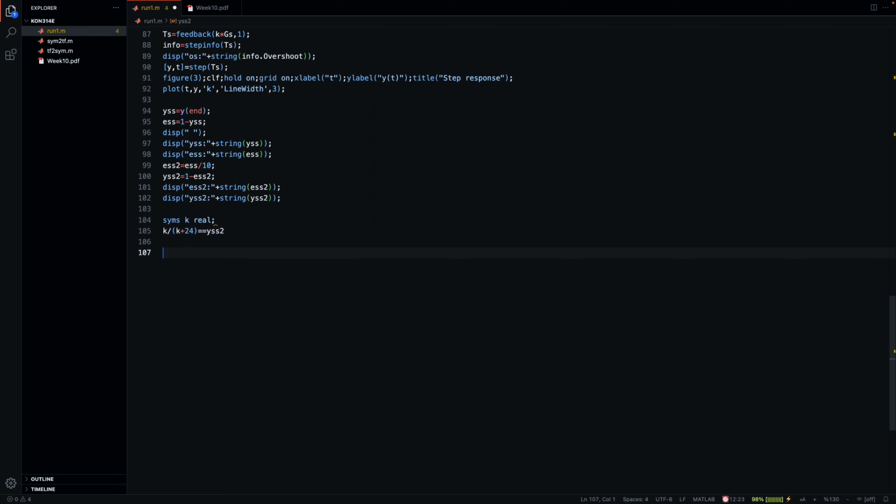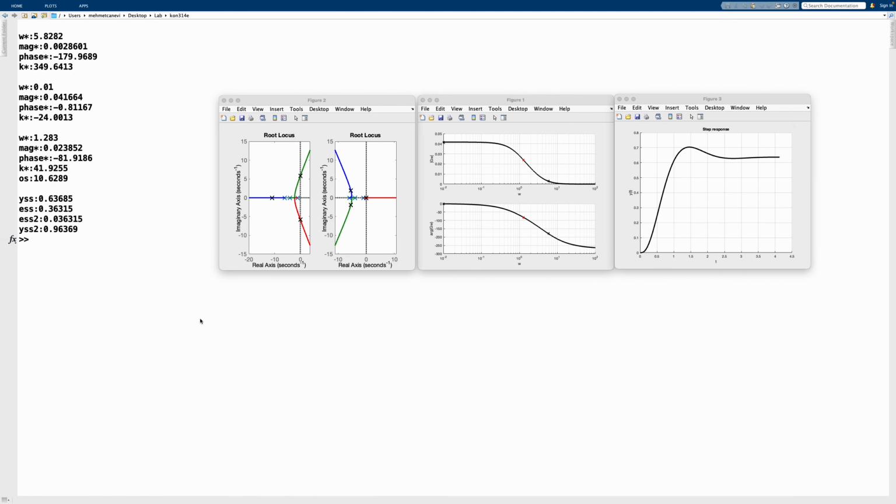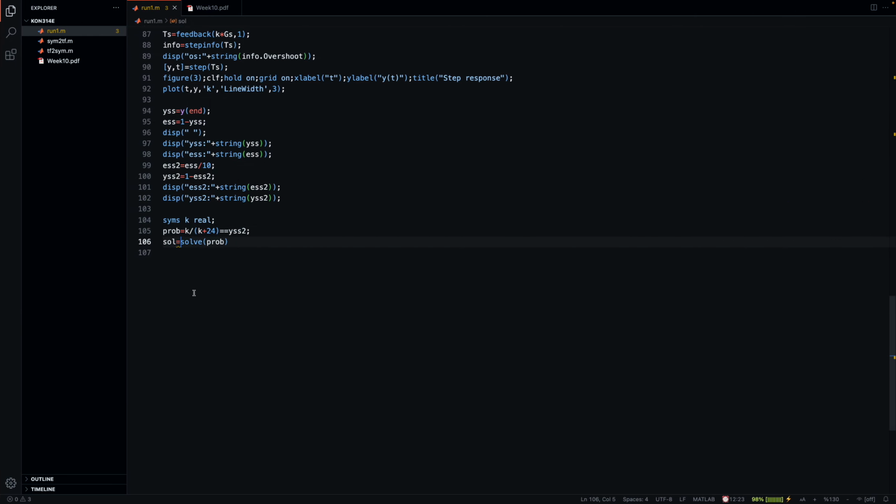I'm going to define k here. This is going to be my problem. I'm a little bit lazy at this moment, so I'm just going to use solve. Let's see if it works. It seems like it does, so let's convert this into double, call it ksol, and display it as k star, the new value, ksol.